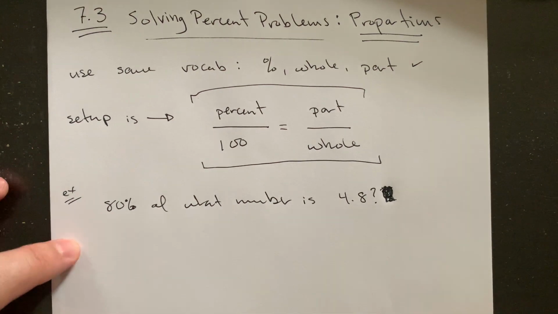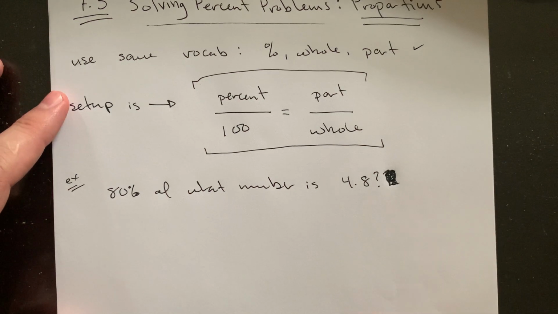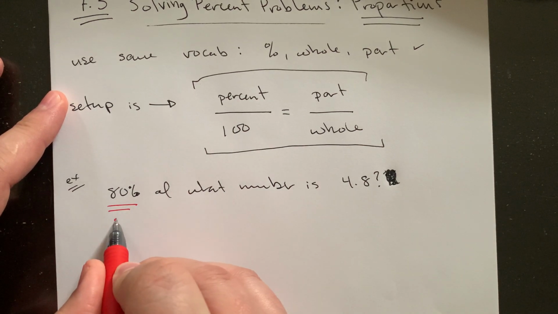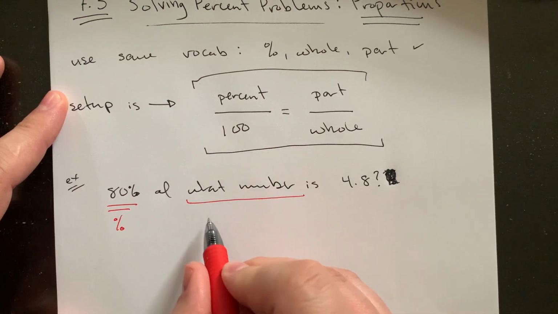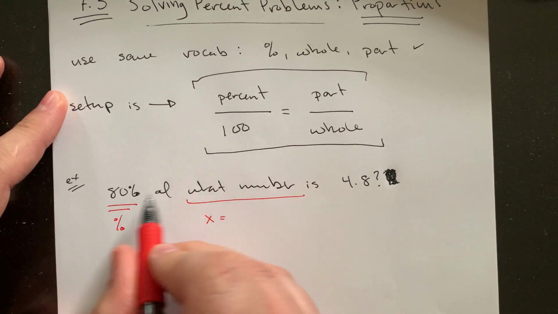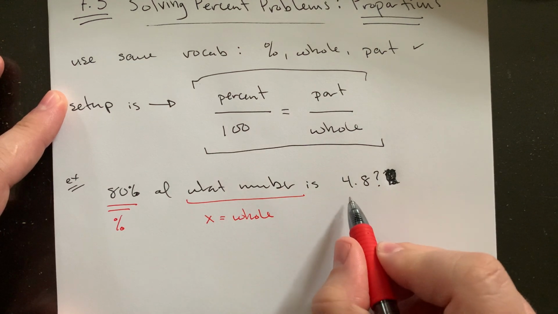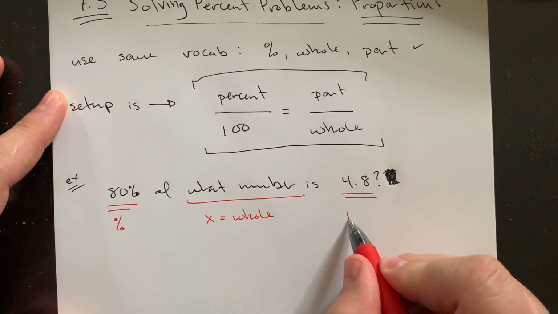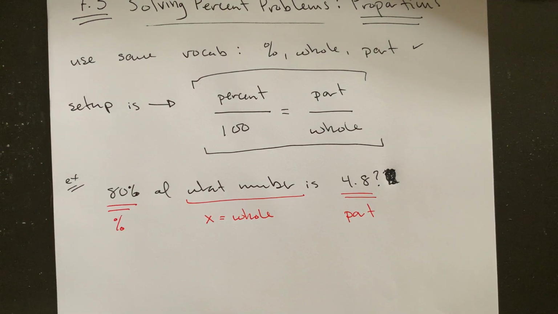So the idea here is to take our question and identify the three different things. Obviously 80% is our percentage. Of what number? So what number here is my x, my unknown, and it's the "of", so it's the whole. And 4.8 usually signifies the part, which is our third piece.